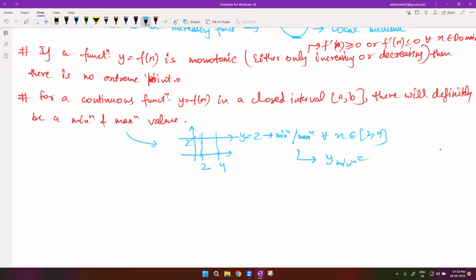This has 2 throughout 2 to 4. So y minimum is 2 and y maximum is also 2. So this can happen, that the minimum and maximum values are the same.